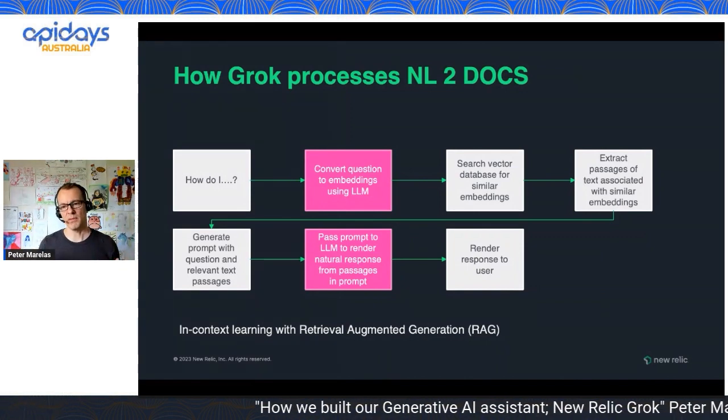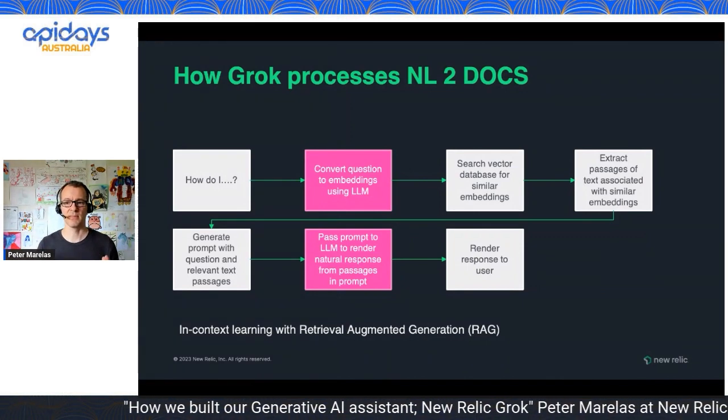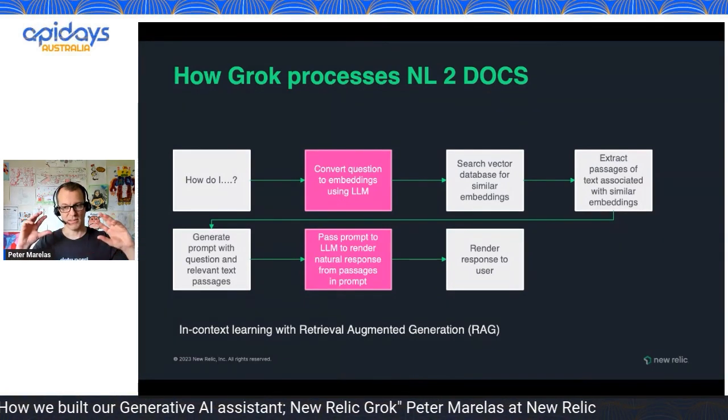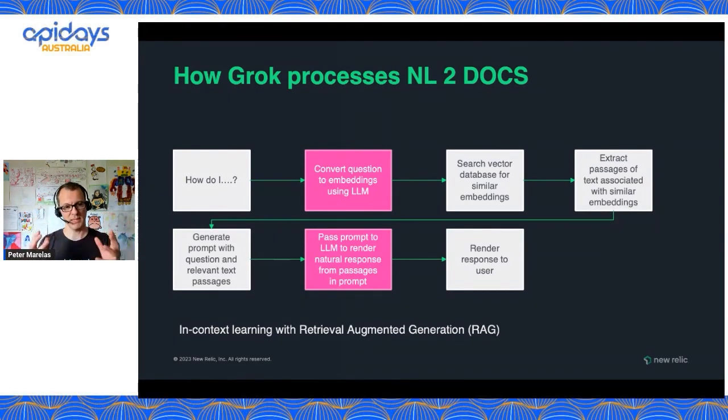But the special property associated with embeddings is that text that has a semantically similar meaning gets stored close together, right? And so why does this matter? Because we want to be able to search a vector database for these embeddings, and we want to draw out documentation that is related to those embeddings. And in particular, we want to draw passages from that documentation related to the embedding.